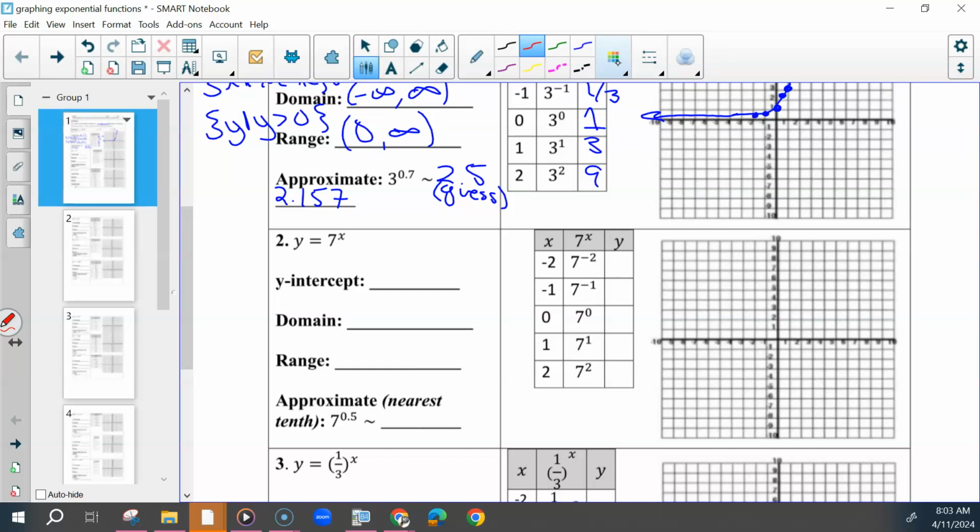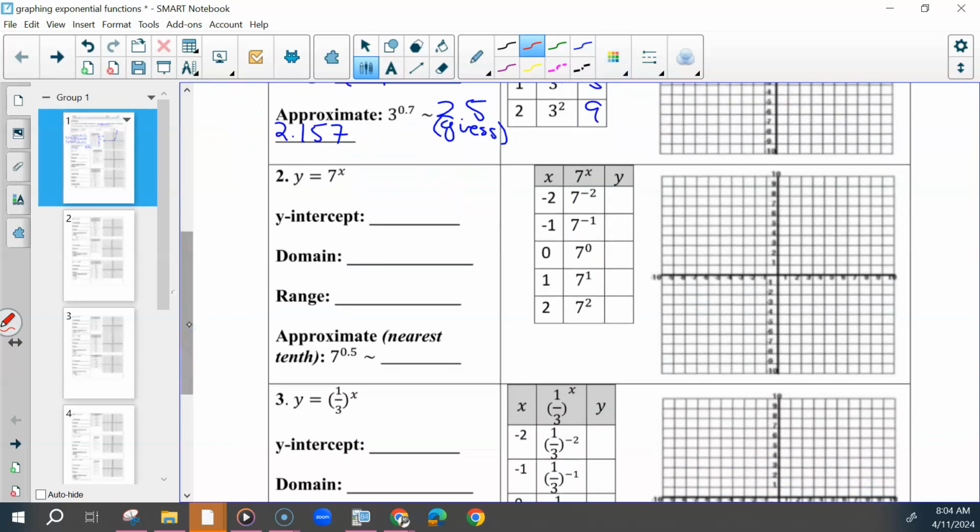So in number 2, I again give you your x values. So we have where the x value would be.